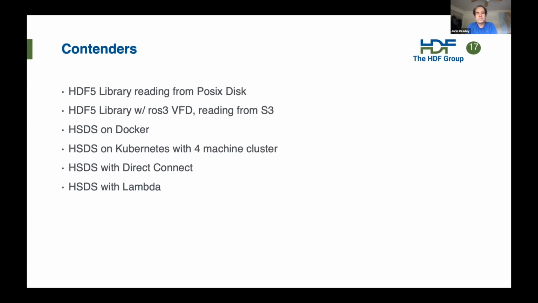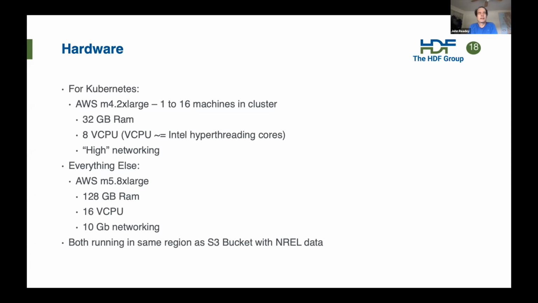And so let's compare HDF5 library reading from POSIX, HDF5 library with the S3 VFD, HSDS on Docker, HSDS on Kubernetes, HSDS with Direct Connect, and HSDS with Lambda. The hardware for this study: for Kubernetes, we're going to use what's called an M4 2xlarge.